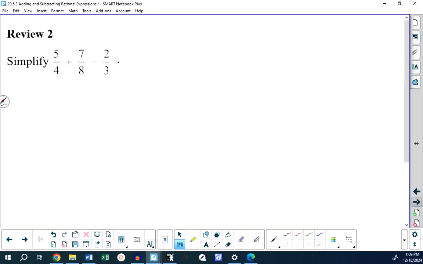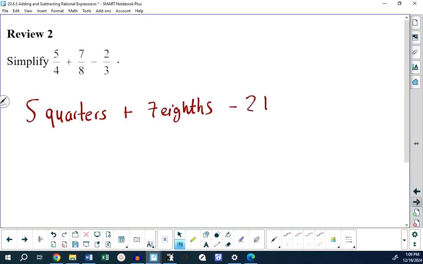On the other hand, if I take a look at this one, you don't need to write this down, but the reason why I cannot add these things is they are different kinds of things.